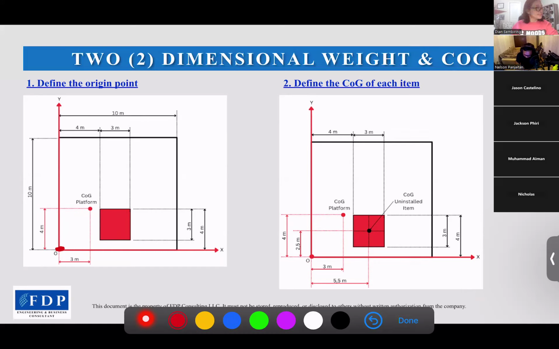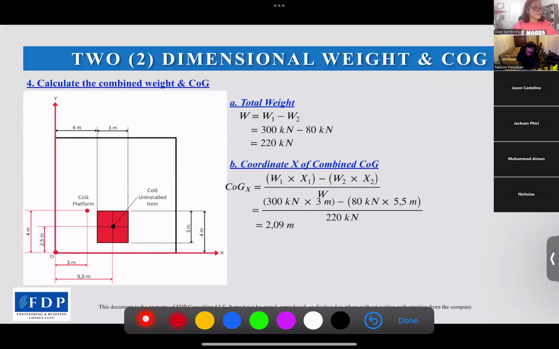It will be 3 meters X and 2.5 meters Y. For the COG of the uninstalled item, we can assume that it will be at the center because it's a symmetrical section. It will be 5.5 meters from the origin point for X and 4 meters from the origin point for the Y coordinate. After we get the COG of each item, we continue with the combined weight and COG.